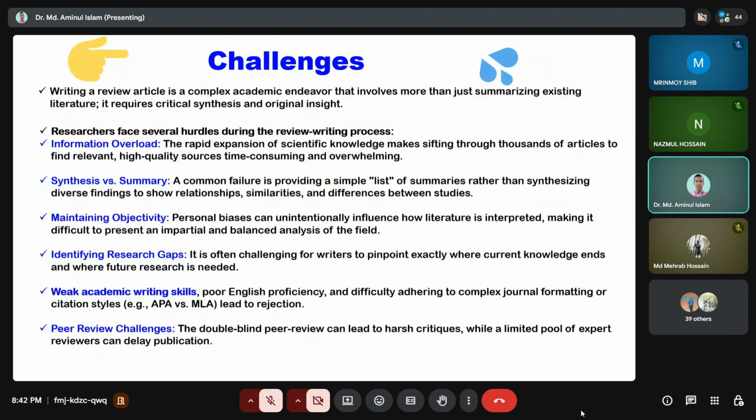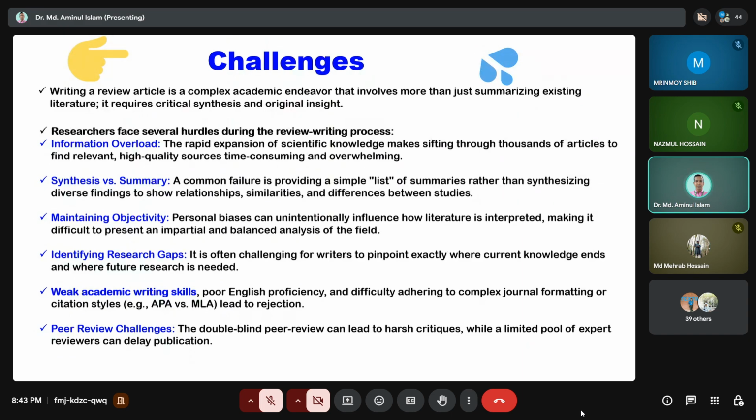Well, then come challenges. Writing a review as well as a research manuscript is a complex academic endeavor that involves more than just summarizing existing literature. Nowadays, if you want to write a review and collect articles, you will see that there are many review articles in your field.